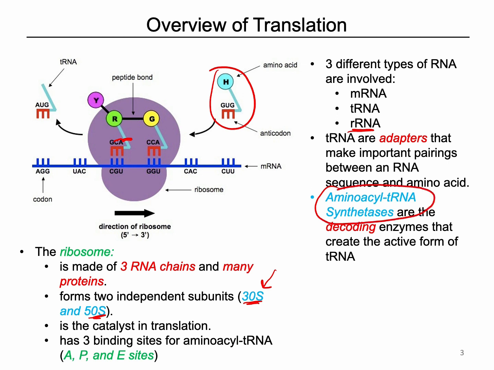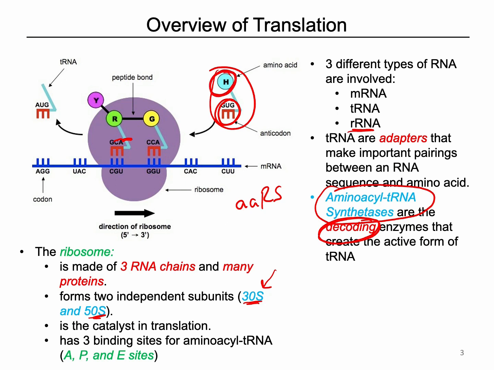These enzymes, aminoacyl tRNA synthetase, we're going to see them abbreviated AARS. They are the enzymes that are ultimately responsible for decoding. They match the correct tRNA that presents a certain anticodon with the correct amino acid, right?